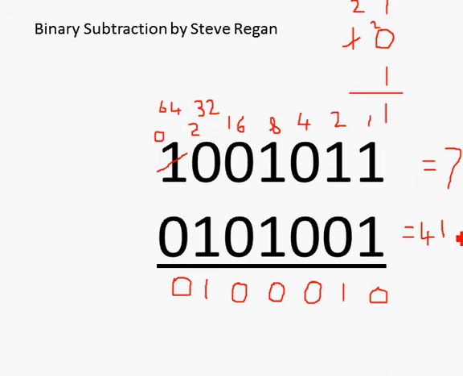Which leaves you with 75 take away 41, so that'll be a 4 and 3, so that should come to 30. Oops, just do that. So that should come to 34. Let's just check that. So we have 32 plus 2, which is 34. So it is correct.